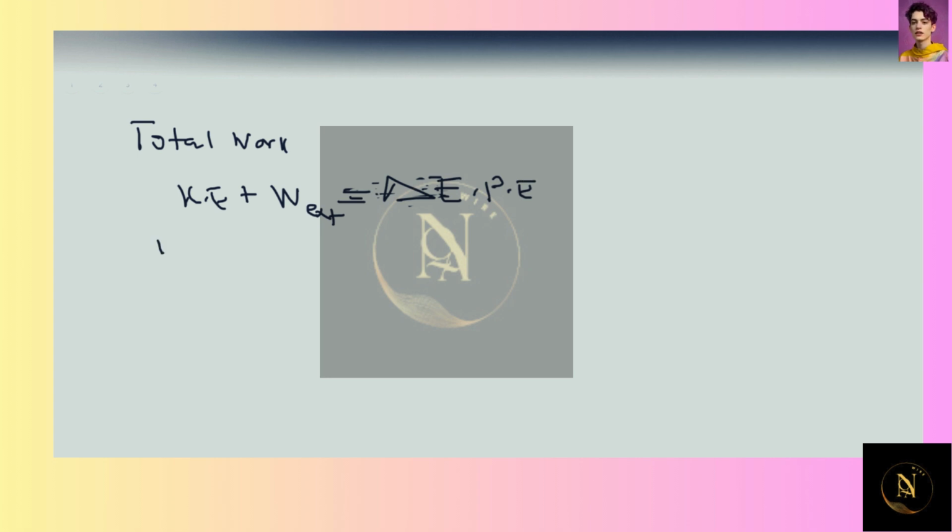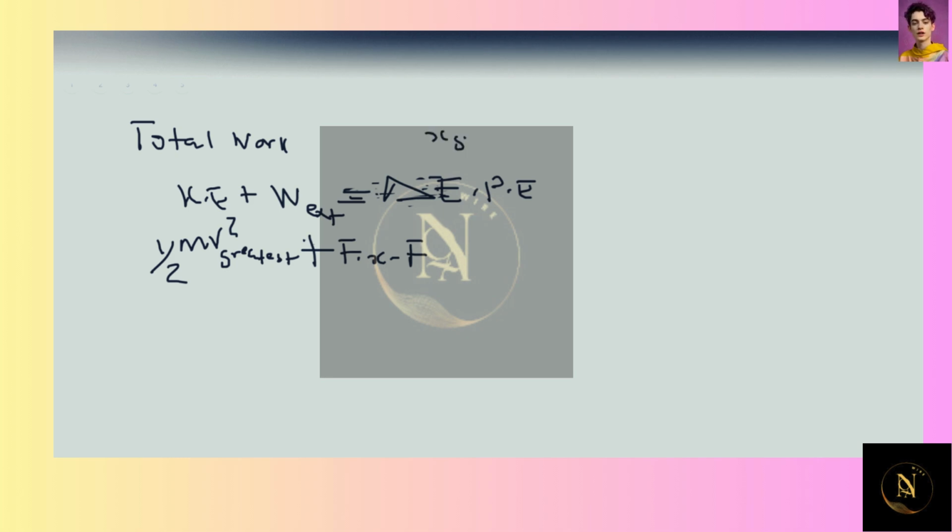So change in kinetic energy up until the maximum velocity, we have one half m v squared greatest, plus, since we're using the total work, the resisting force up until the greatest position.